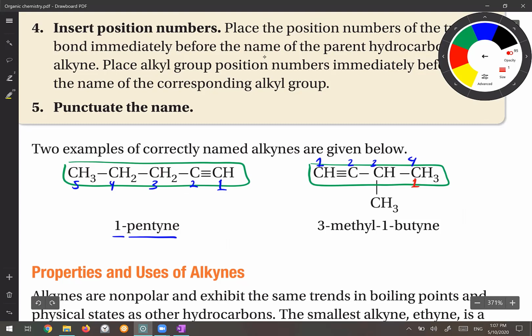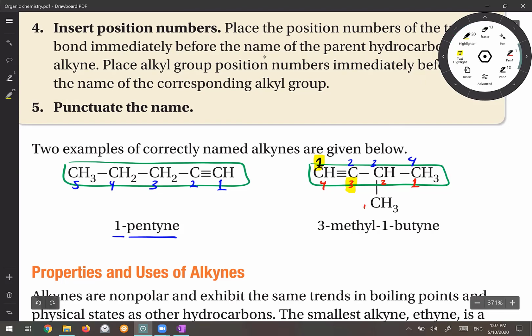This would be carbon number 1, this would be carbon number 2, this is carbon number 3, this is carbon number 4. If you number it from the right side, the triple bond is on the 3rd position. If you number it from the left side, the triple bond is in the 1st position. So you choose the blue one from the left side. But look at the branch here.